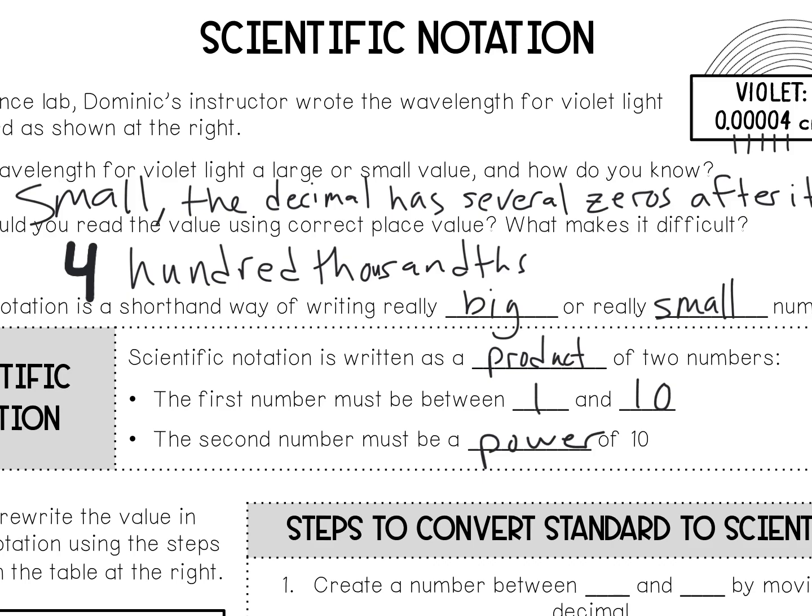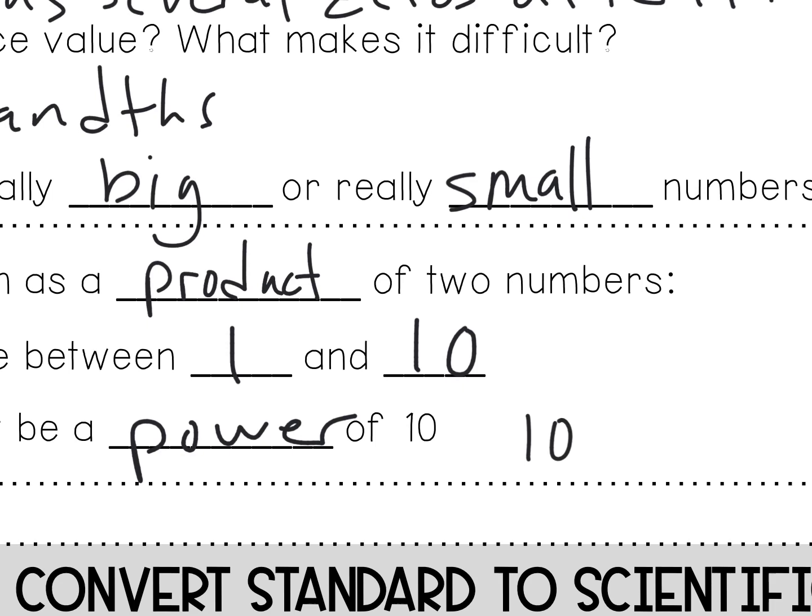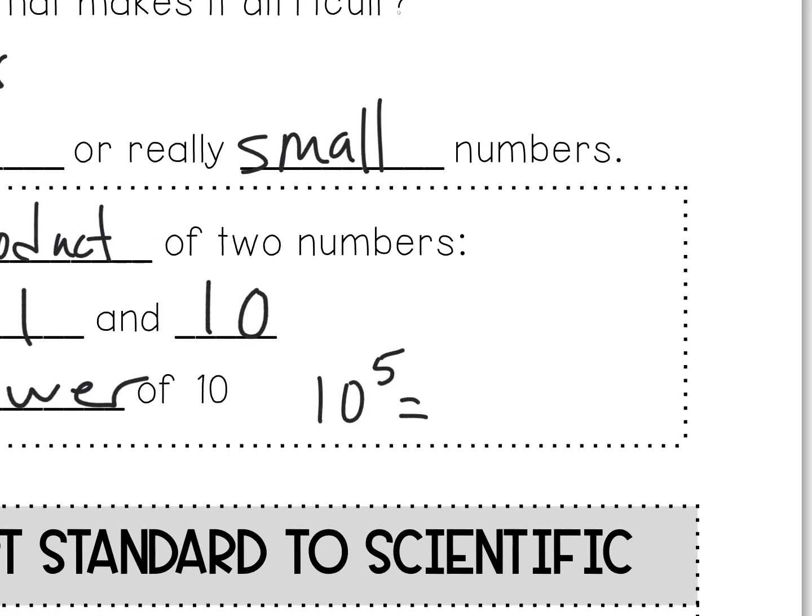A power of 10. And just as an example, what I mean by power would be like 10 to the 5. That value means 10 times 10 times 10 times 10 times 10. The 5 is how many tens.